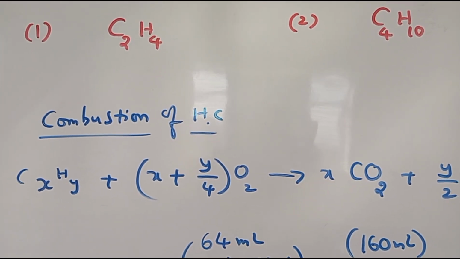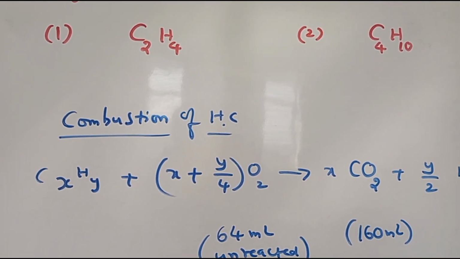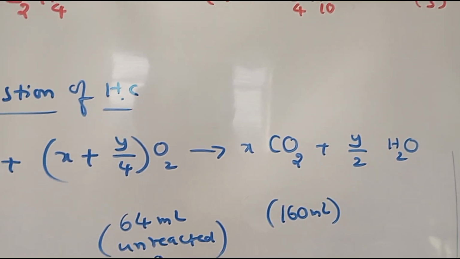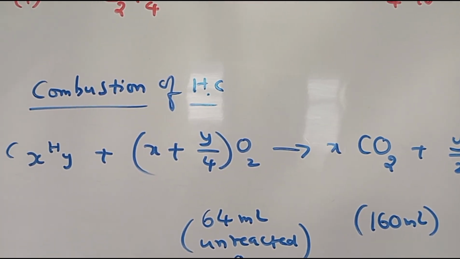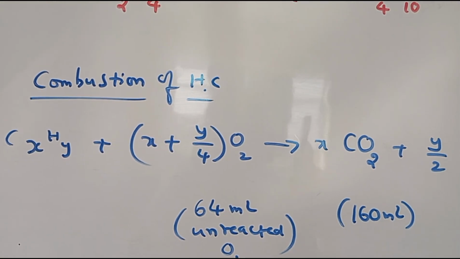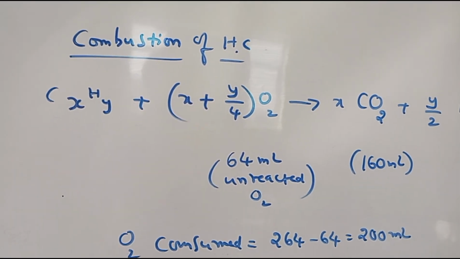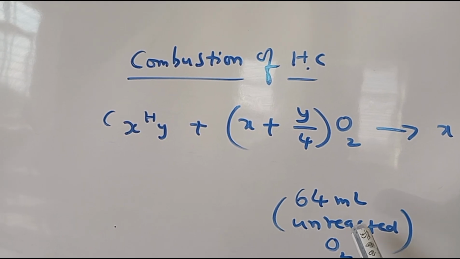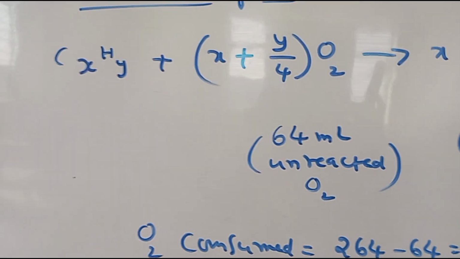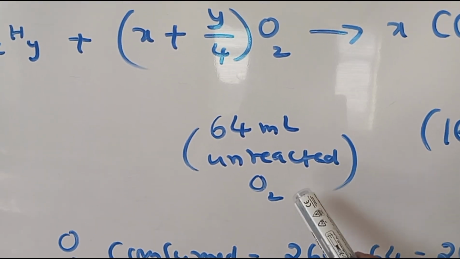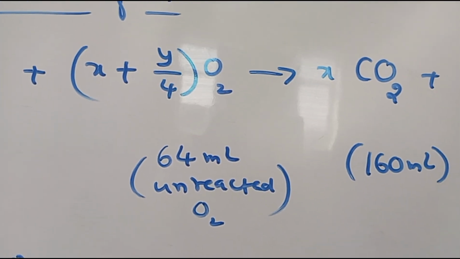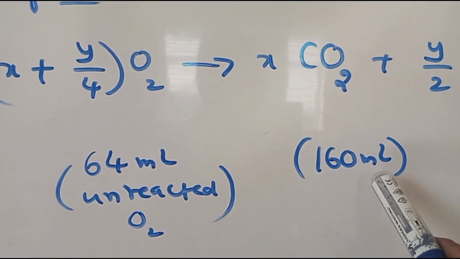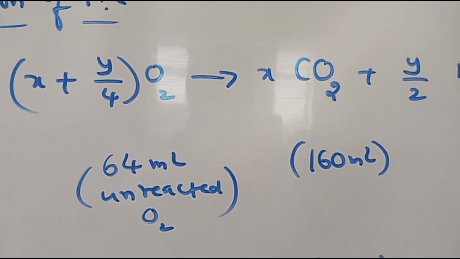And once you observe in this question, the volume decreased to 64 ml when treated with KOH, meaning the KOH completely absorbed the CO2. That's the main important thing here. And of the 224 ml, 160 ml is the CO2 volume.